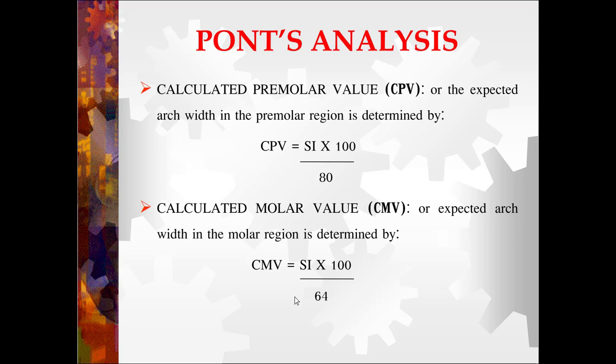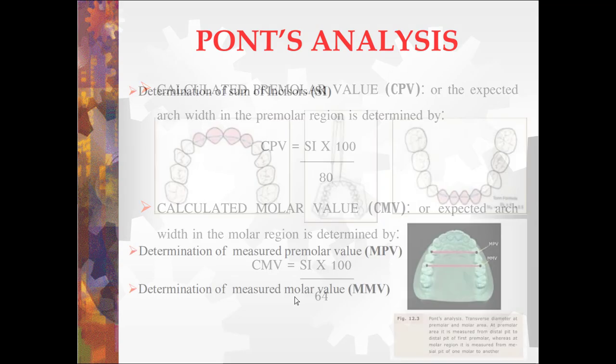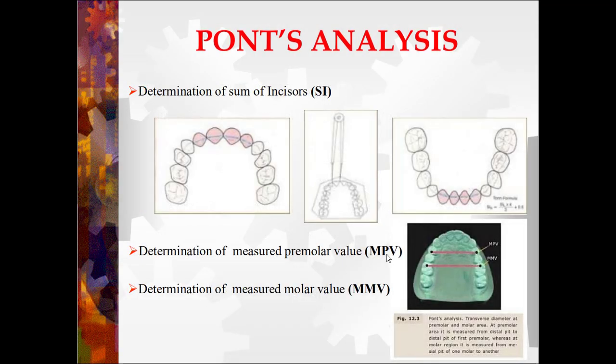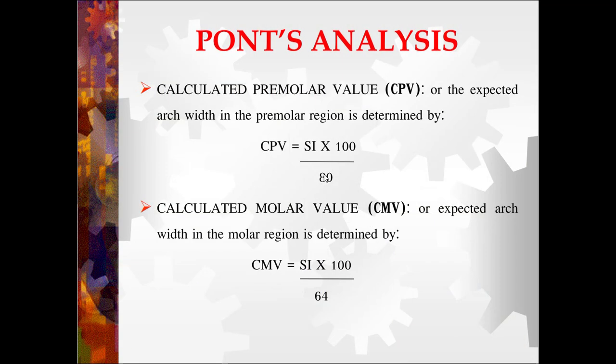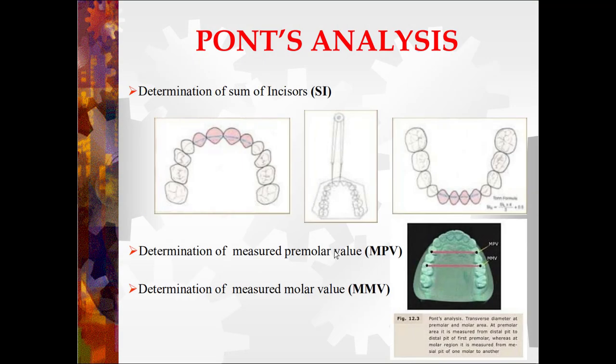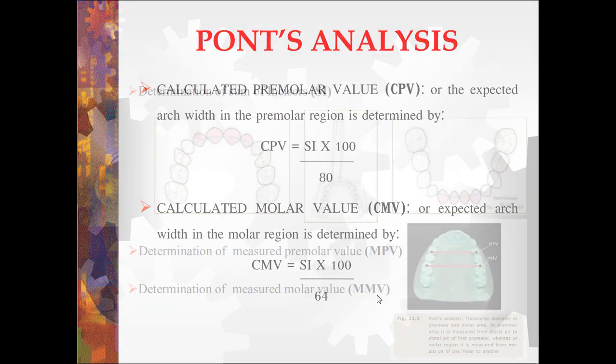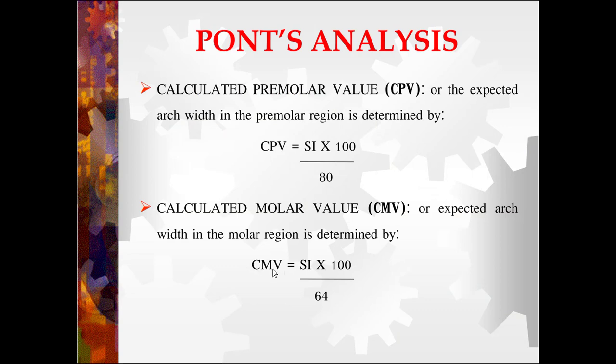Now after doing measurements on the cast and calculations with the Pont's formula, we would be having two values, each for interpremolar width and intermolar width. Then we compare measured premolar value with calculated premolar value and measured molar value with calculated molar value.